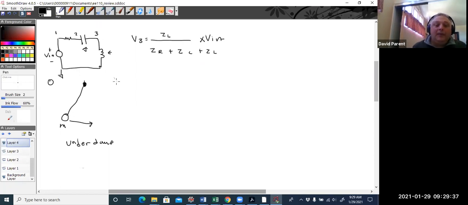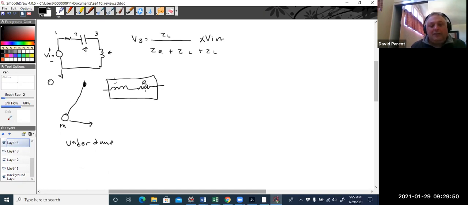Because it's unavoidable, I can have my ideal inductor, right? But there's a resistance there. And that resistance can cause issues, all right? Where the capacitors, you can buy them close to ideal.